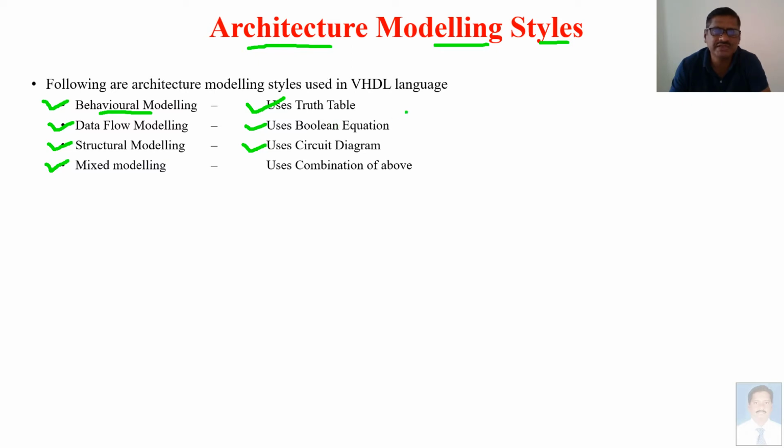And when we use a combination of any of these, that modeling is known as mixed modeling. It may be a combination of the truth table, Boolean expressions, or the circuit diagram.